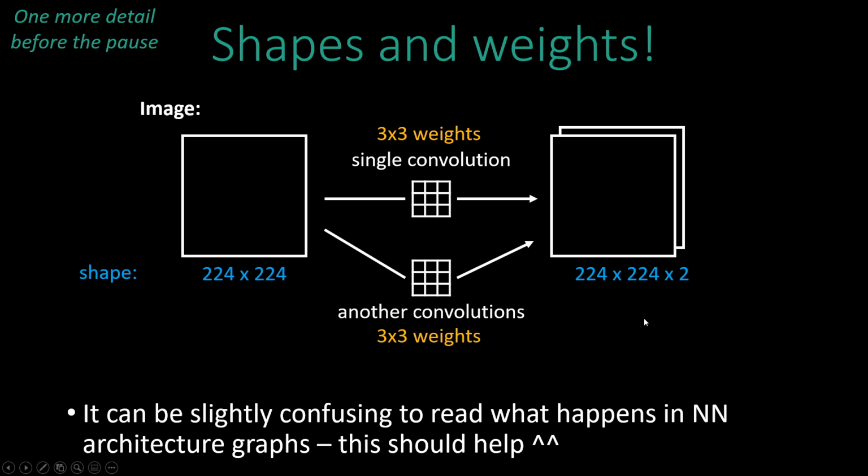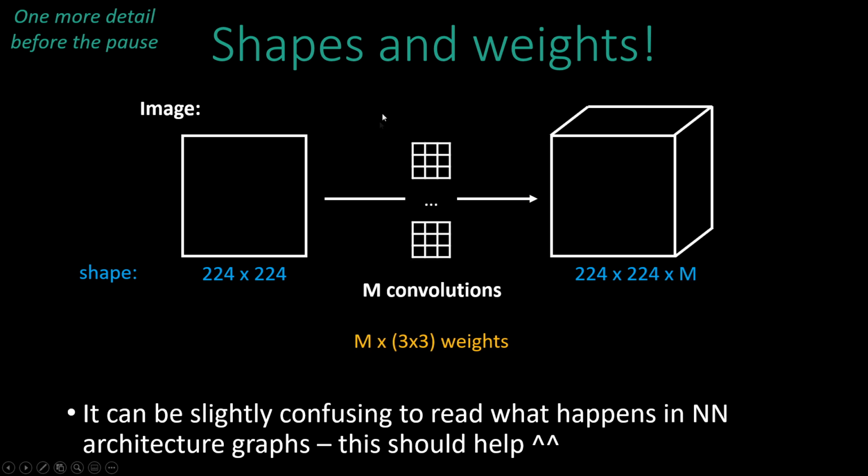Okay, well, this scales, and usually in the architecture designs you would not see only a single convolution or just 2 convolutions. We would see a whole layer of, let's say, m convolutions. And so if we have many convolutions here, and many refers to m, we would have m effects.